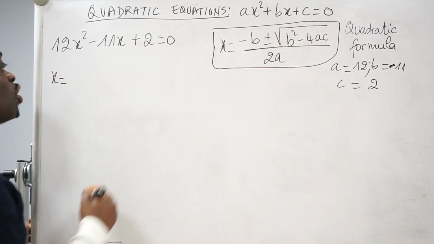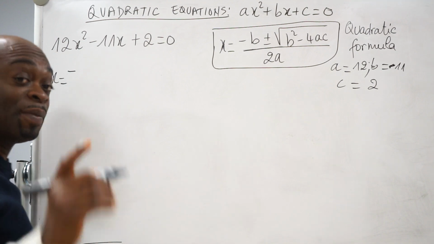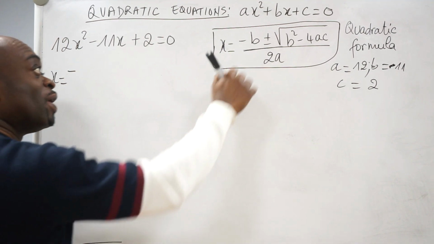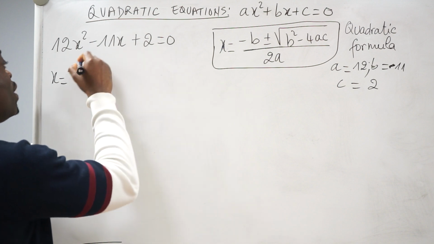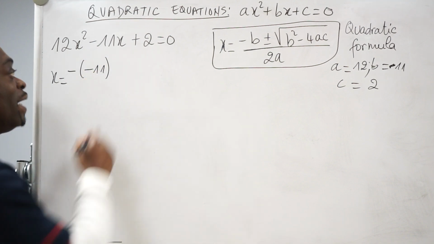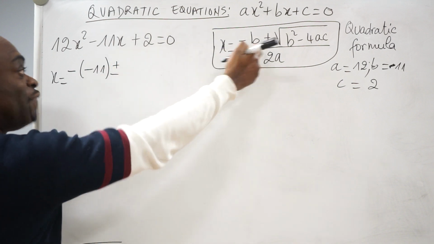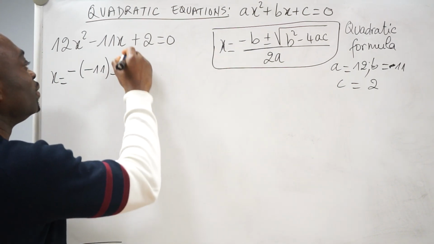All right, so let's go back at it. Negative b, so that means negative. The common mistake that people make is to forget about this negative sign. So this is negative, and then b itself is negative 11. Then that is plus minus. We follow the formula, ladies and gentlemen. Just follow the formula.